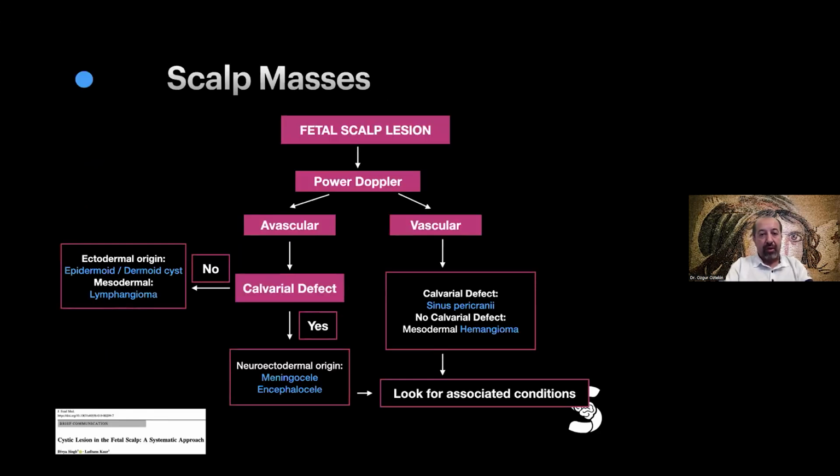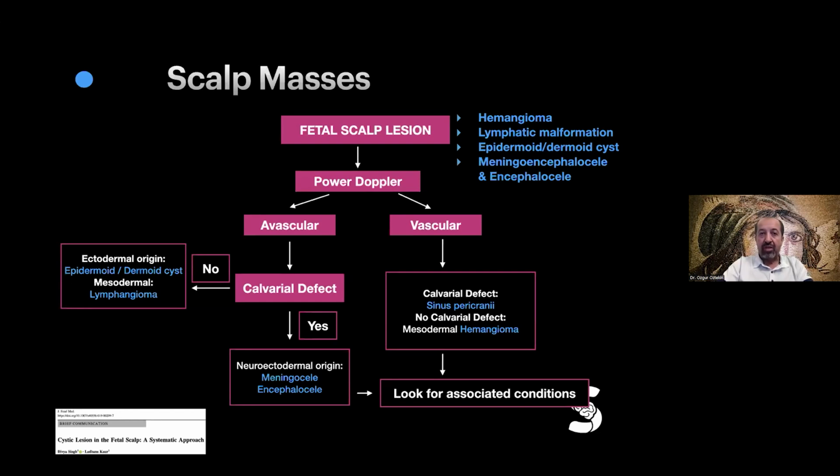Try to analyze these graphics, the approach. In the prenatal period, there are many different types of scalp masses. Hemangioma, lymphatic malformations, dermoids and epidermoids are some of these lesions. Meningocele and encephalocele are also considered among the scalp lesions within the calvarium, and there are calvarial defects in meningoencephalocele and encephalocele.